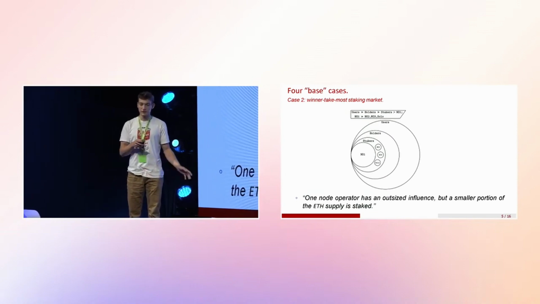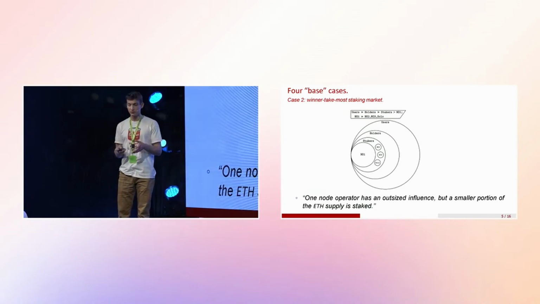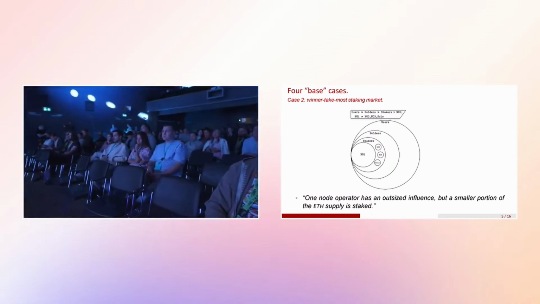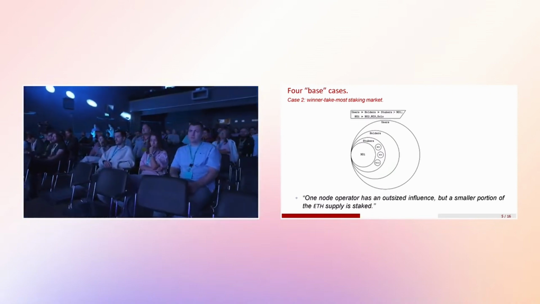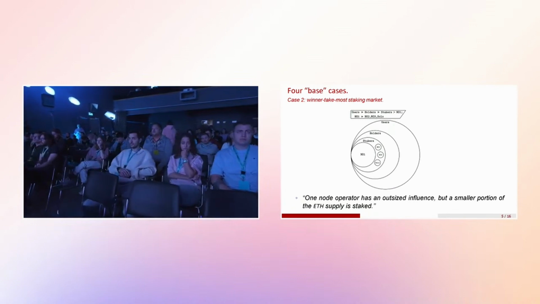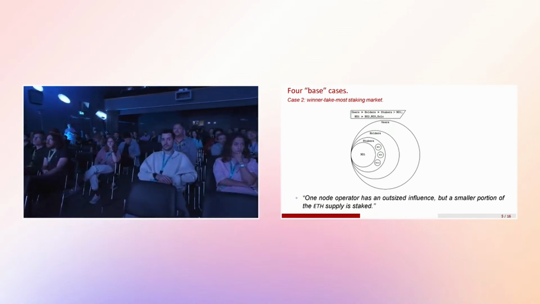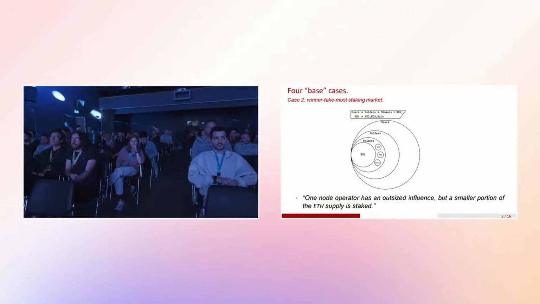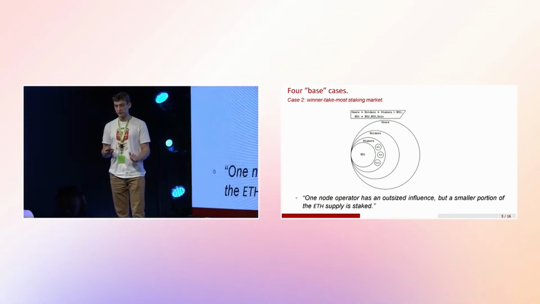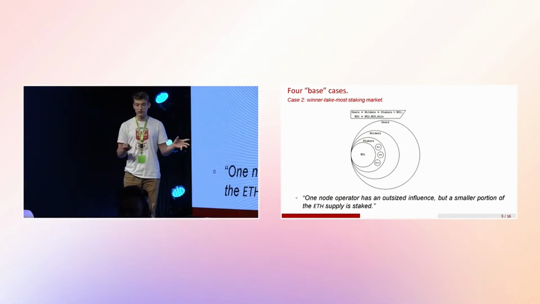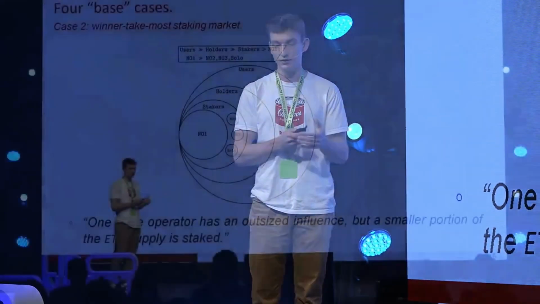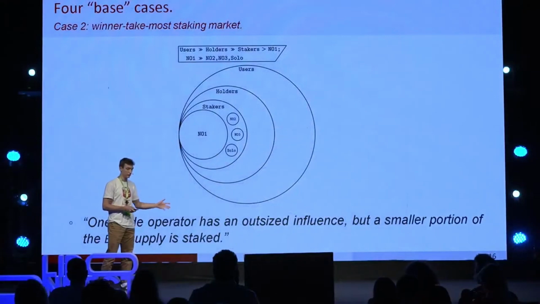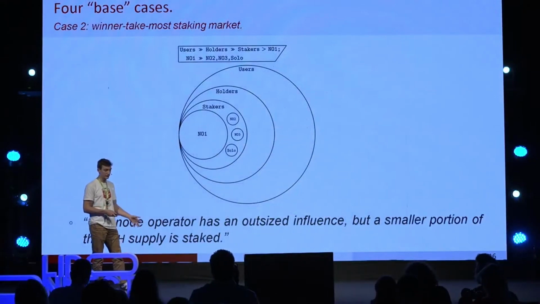So this is obviously a worse case than the decentralized one because we don't want a single node operator to run maybe 50 or 66% of the validators, but we still have a situation where the ETH supply is much larger than the amount of ETH that's actually staked. So, in the worst case scenario, there's still some amount of ETH that isn't in the consensus layer and can still be used, potentially, to combat any attack that this single node operator might try and launch on the network.